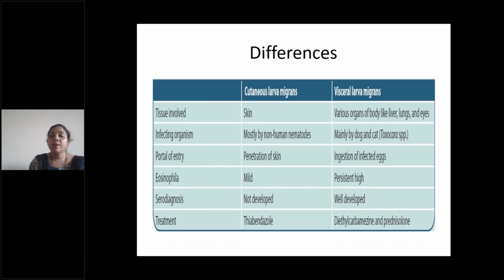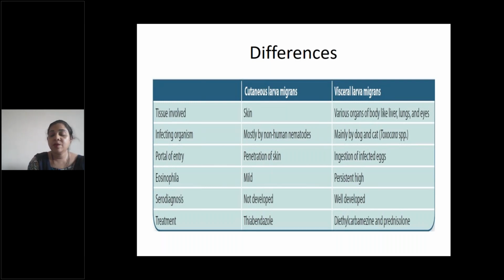Eosinophilia is usually less or mild in the cutaneous form, whereas it is high in the visceral form. Treatment for cutaneous is albendazole, whereas for visceral, diethylcarbamazine and mebendazole.